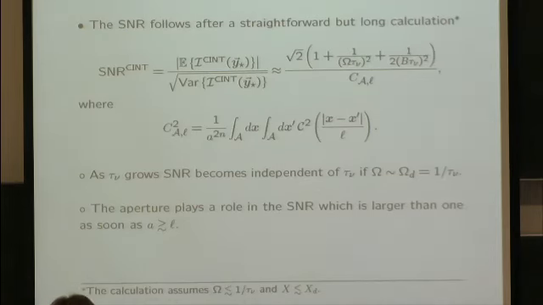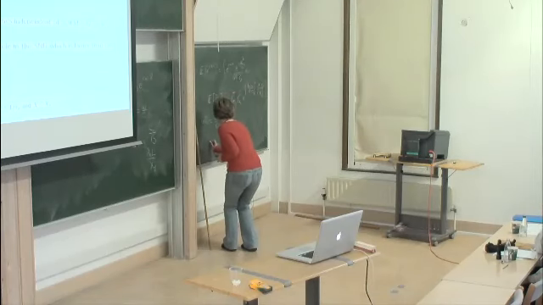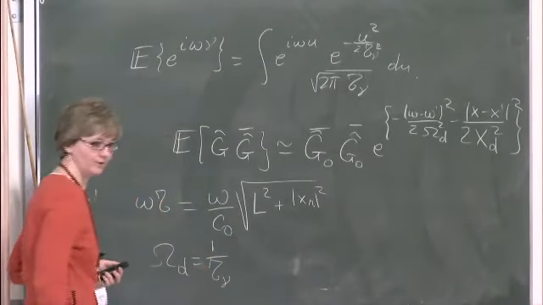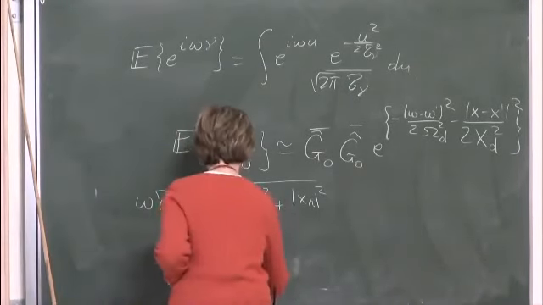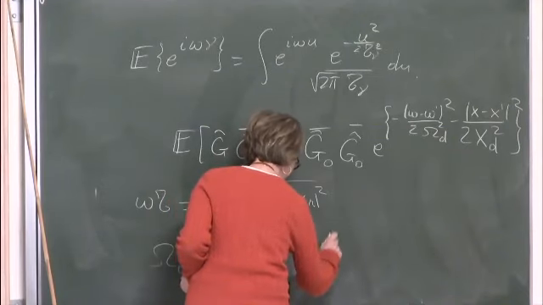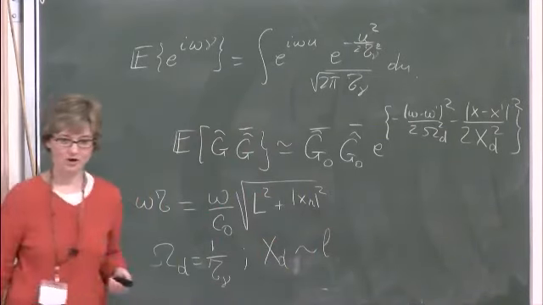Just to remind you, omega d is like 1 over tau mu, that's the decoherence frequency, and xd in this kind of model turns out to be proportional to the correlation length.